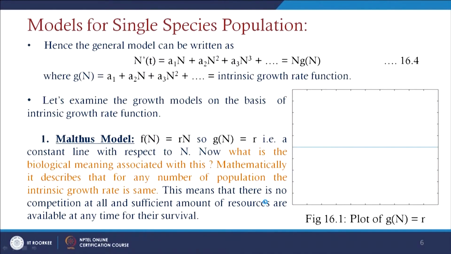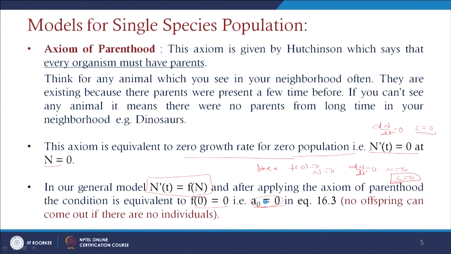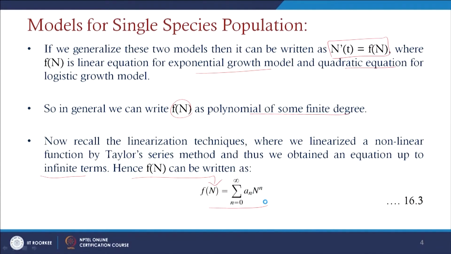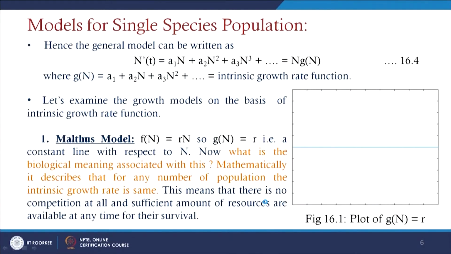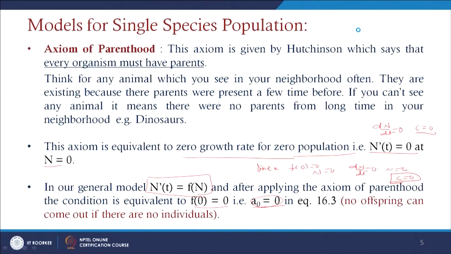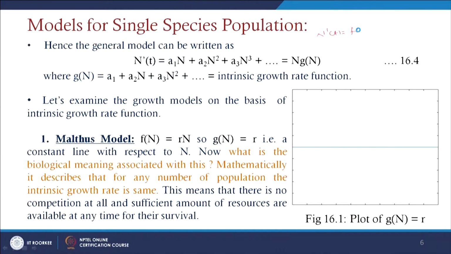And in a generalized sense, if we write this function, that is n dash t equals f of n, and f of n is written in the form of summation n equals 0 to infinity a n n to the power n, then we can write this as n dash t as f of n, which can be expressed as summation n equals 0 to infinity a n n to the power n.